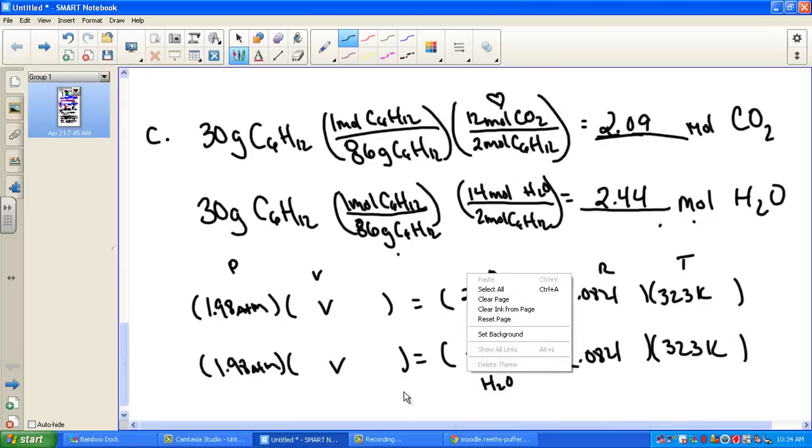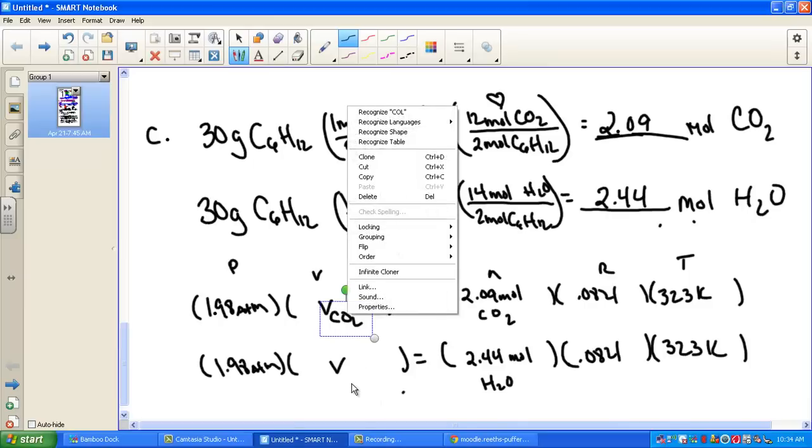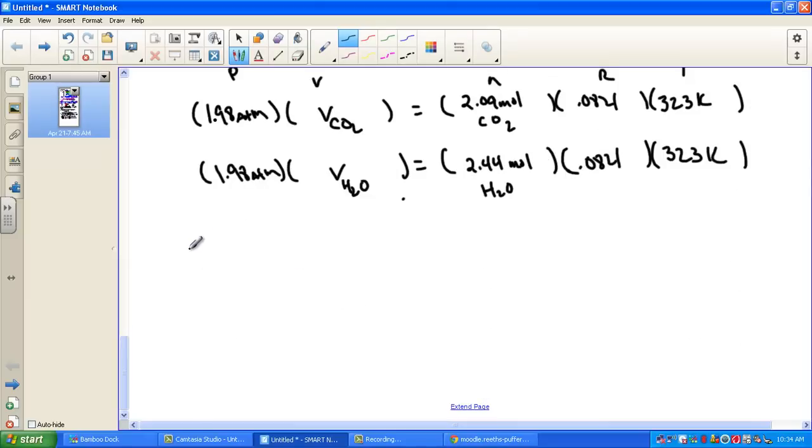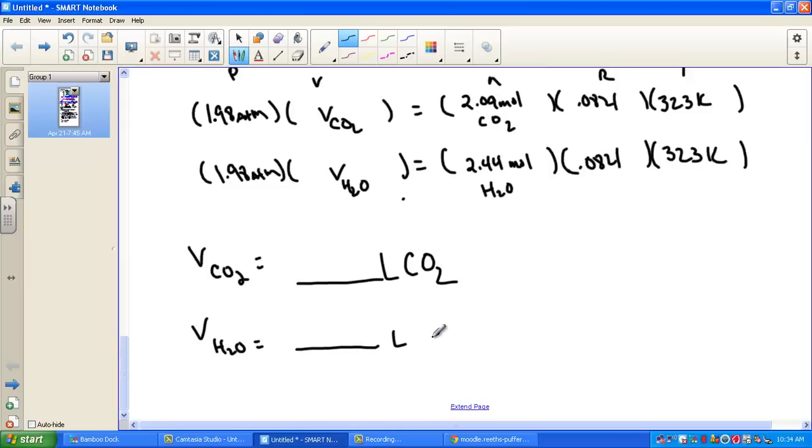So this volume, once we solve for it, will give us volume of carbon dioxide. And this volume, once we solve for it, will give us the volume of the gaseous water. So let's hit it. We've got to solve for volume of carbon dioxide, and we've got to solve for volume of water. So two more answers here, and these will come out in liters, as all PV=nRT problems do.